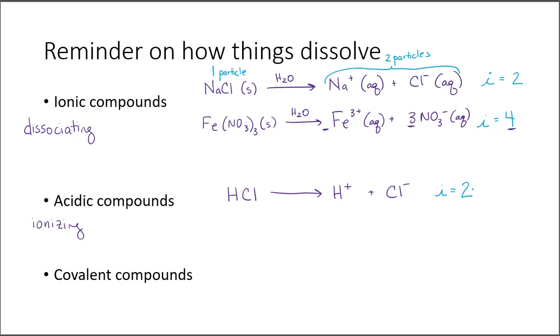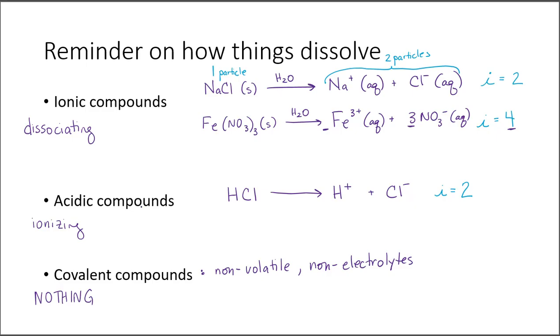All right. Last but certainly not least, what happens to covalent compounds when they dissolve? Absolutely nothing. All that happens is a phase change. These are also known as non-volatile non-electrolytes.